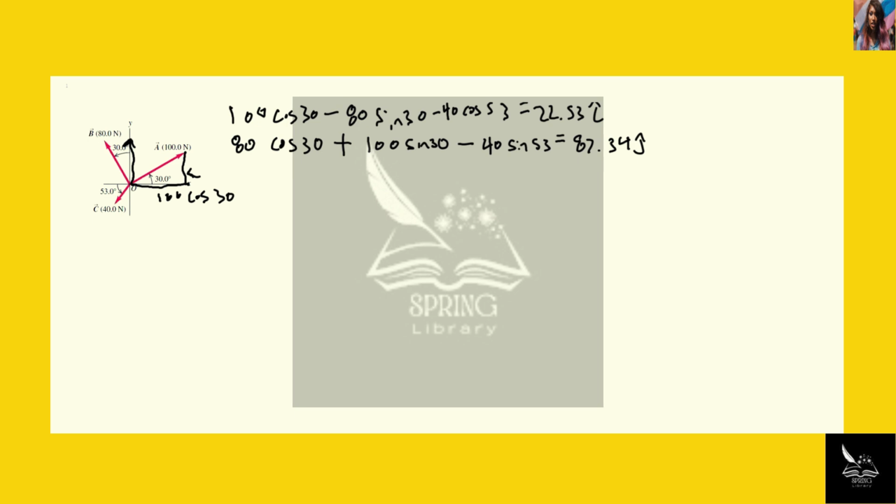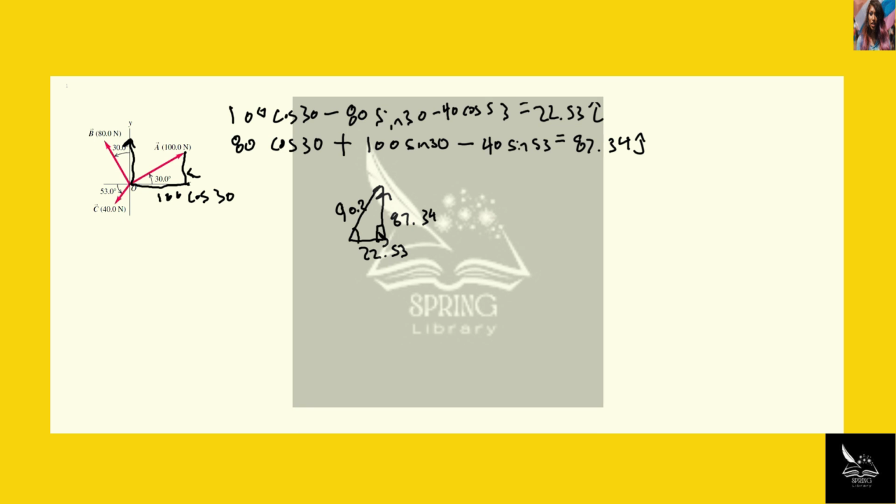Okay, so we can draw our final vector, which will look something like this: 22.53 to the right, 87.34 up, and we add vectors tip to tail like this. So we can go and write 22.53 and 87.34. And we add these vectors together like so. We can use Pythagorean theorem to find the length of the hypotenuse here, which is 90.2.